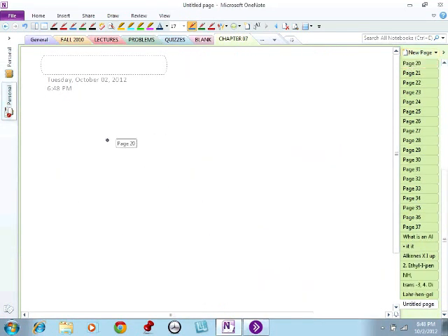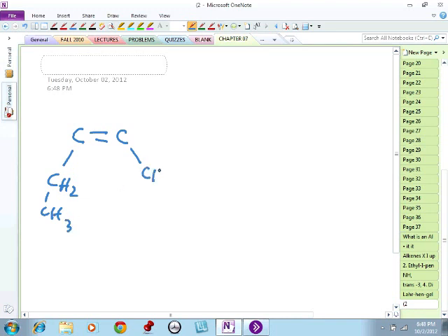Supposing I have this. Okay, how are we going to name this using the Cahn-Ingold-Prelog or the E-Z system of nomenclature? What is the longest carbon chain? 5.